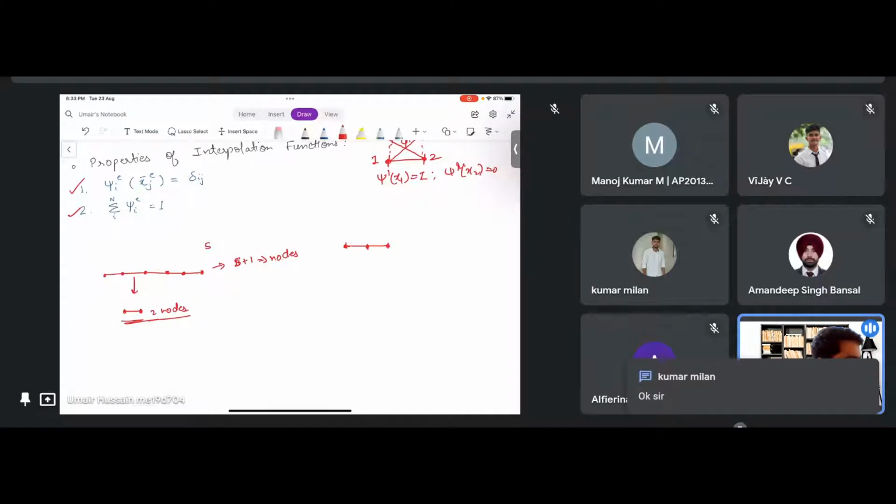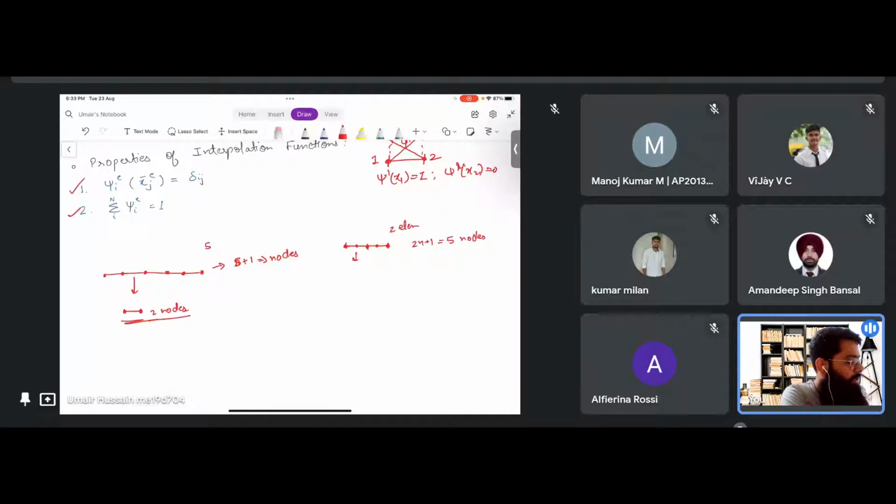Suppose we go for quadratic elements. For two elements, it's 2n plus 1, I think, so 5 nodes.